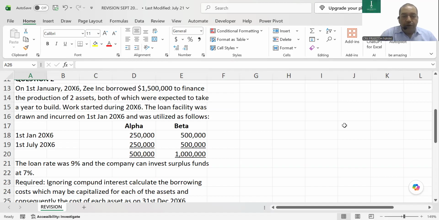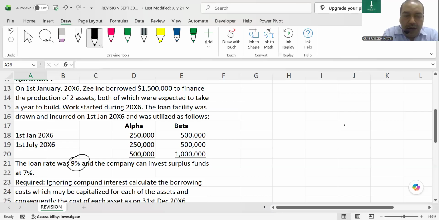The loan rate was 9%, and the company can invest surplus funds at 7%. So the rate of the loan is given to you as 9%, and the surplus funds investment rate is 7%.